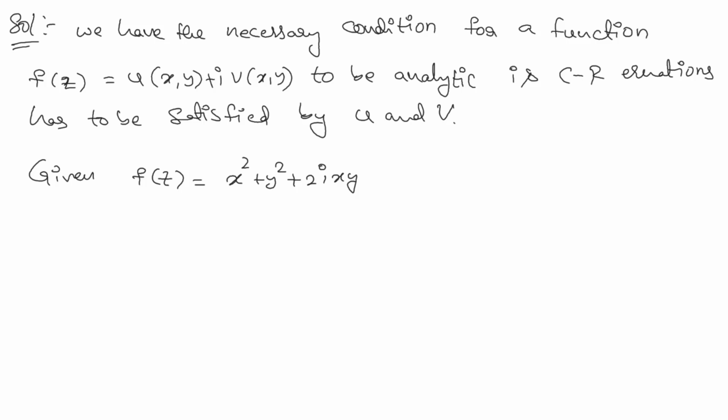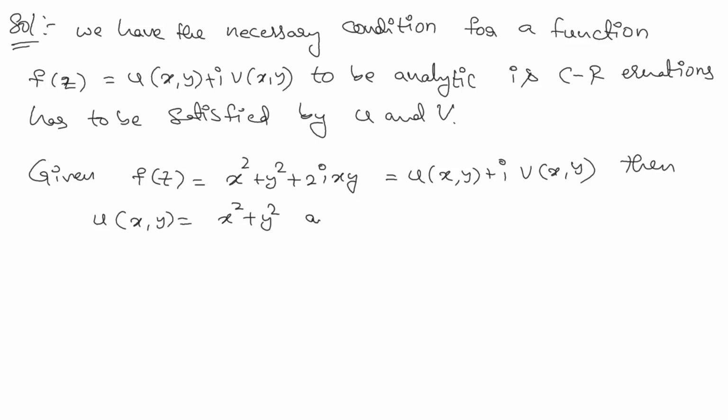So firstly, we'll see about the function f of z. When we write this as real part plus i times imaginary part, we have the real part as x square plus y square, and imaginary part is 2xy. Now we have to check for these two functions whether Cauchy-Riemann equations are satisfied or not.